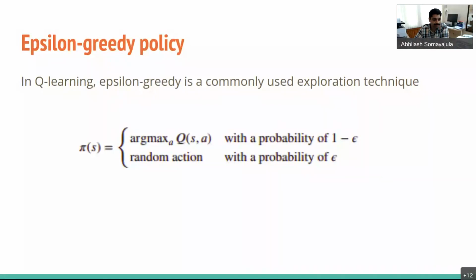But without random action, it won't find the perfect optimal policy. Without exploration, it won't find the perfect policy that it has to take to reach the destination.